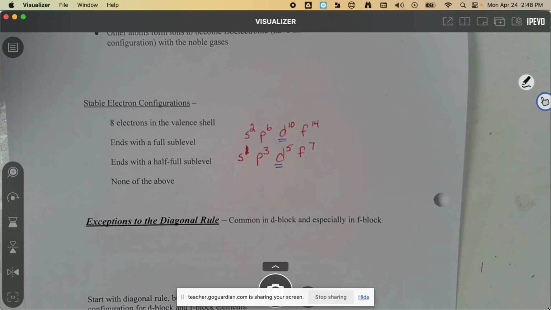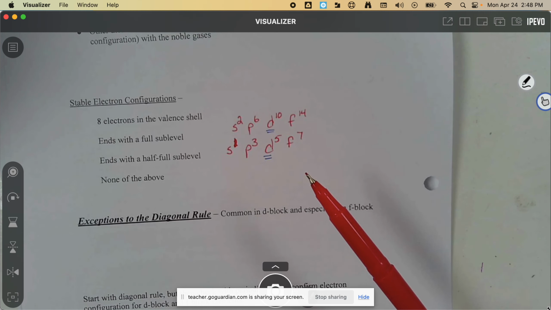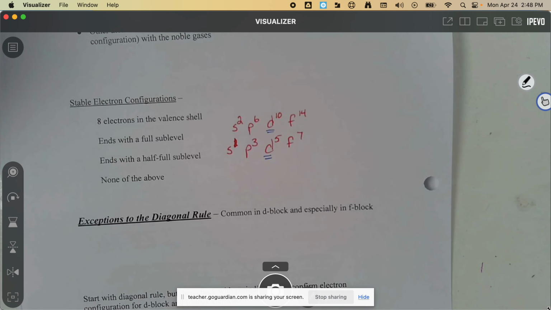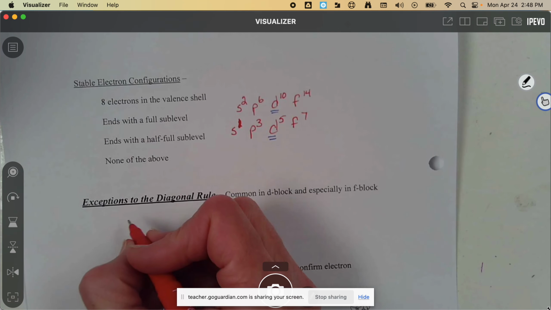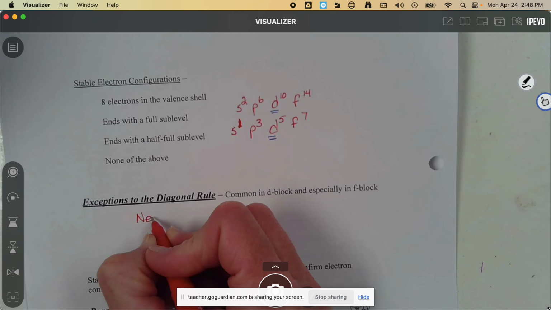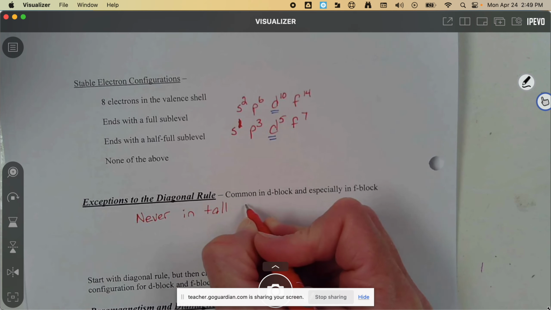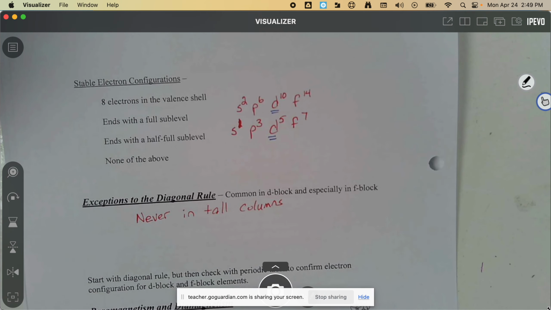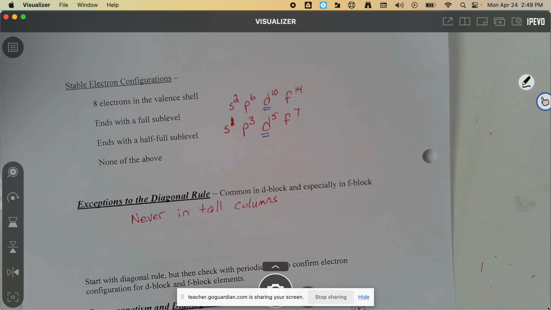There are some exceptions to the diagonal rule when you're making electron configurations, and they generally occur because of the d5s and the d10s. Exceptions to the diagonal rule occur never in the tall columns. Okay. So the 8 tall columns, they follow the diagonal rule very, very well.